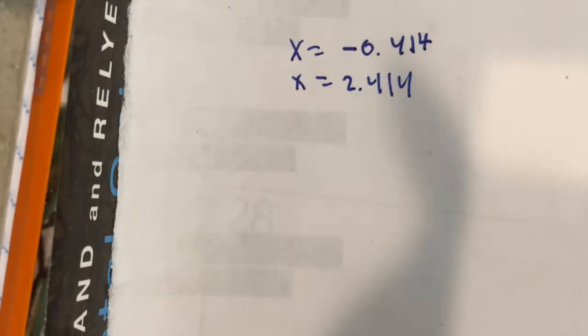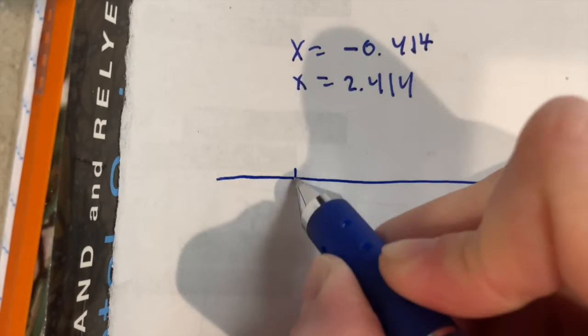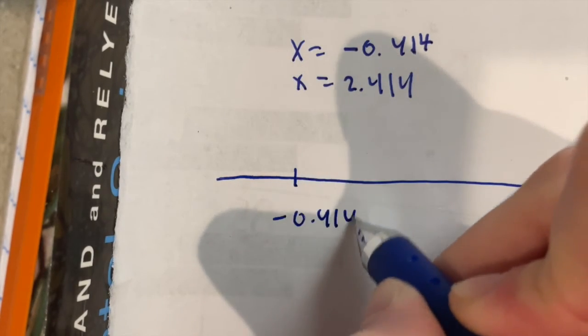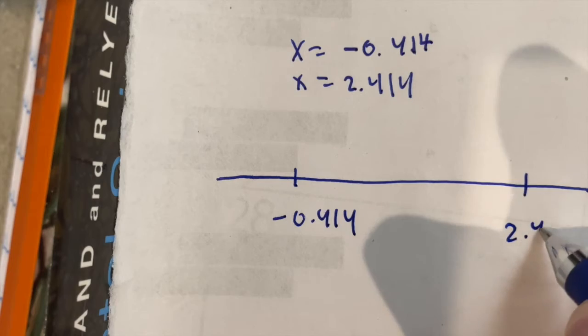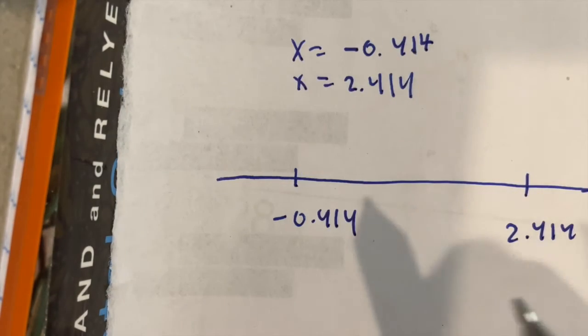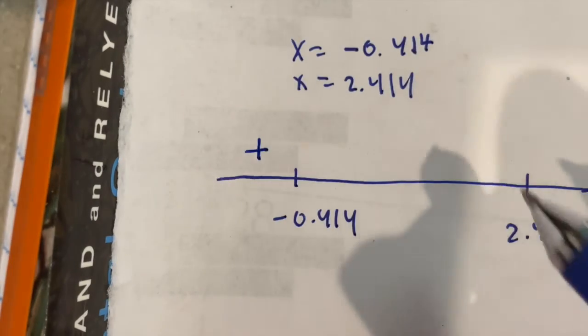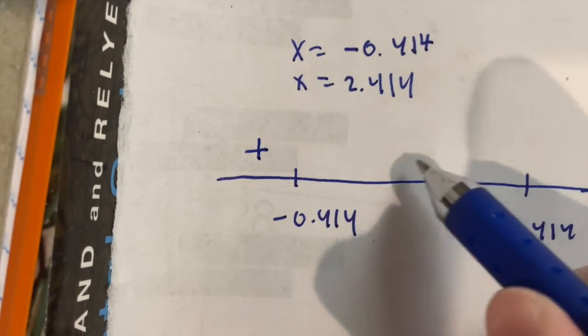Using these points, we're going to set up a number line: negative 0.414 and 2.414, and we're going to test numbers from each section. By testing numbers from each section, this section was positive, so we know the graph is increasing. This section is negative, so we know the graph is decreasing.